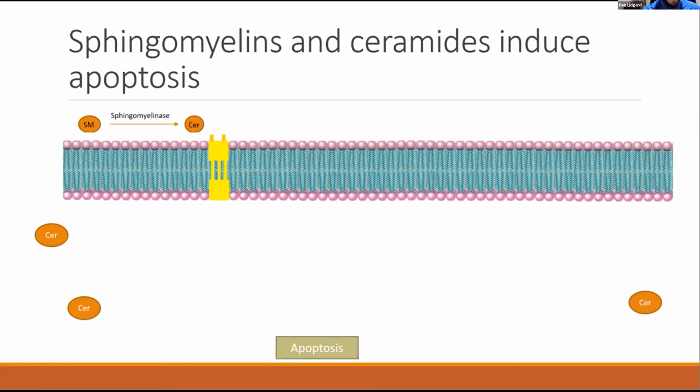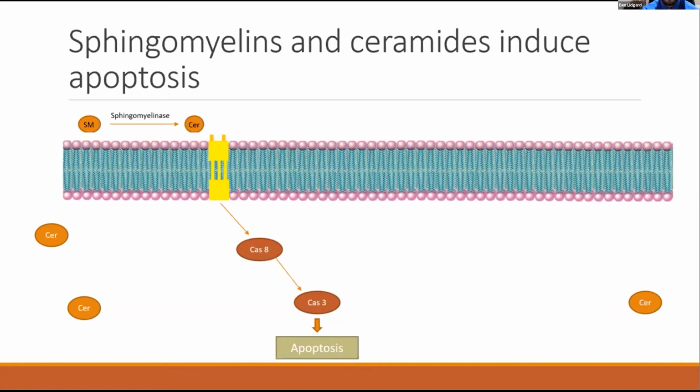So first, both extrinsically and intrinsically, sphingomyelins can be converted to ceramides via sphingomyelinase. It's thought that ceramide-enriched signaling platforms on the cell membrane can release caspase 8, which will then induce apoptosis via the caspase 3 pathway.